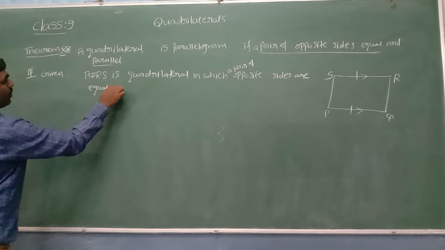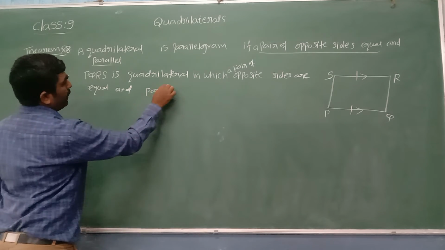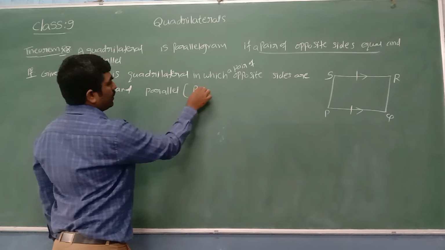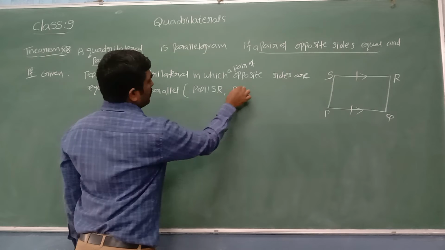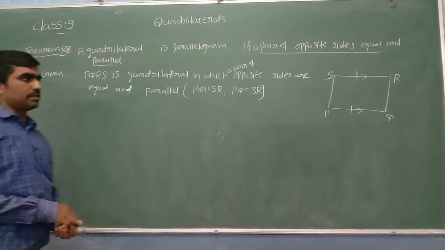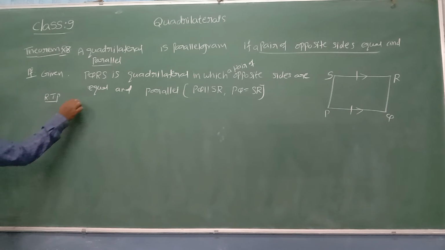From the figure we can say that PQ is parallel to SR, and also they gave PQ is equal to SR. Length of PQ is equal to SR. Then what are they asking to show? They are asking to prove that PQRS is a parallelogram.